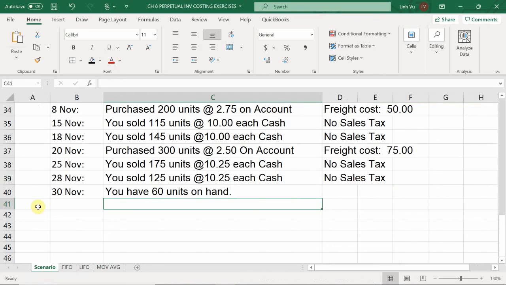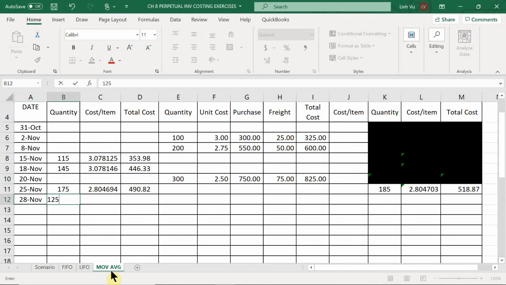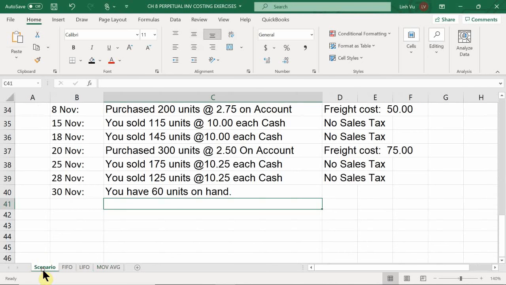All right, last but not least, we have on November 28th that we sold an additional 125 units, giving us 60 units remaining left in my inventory. So we sold on November 28th 125 to give us 60 remaining left.